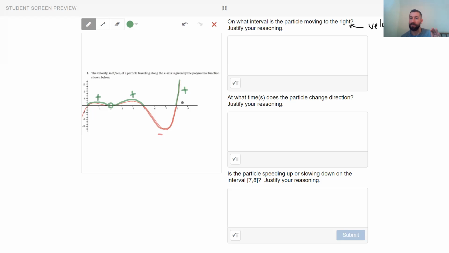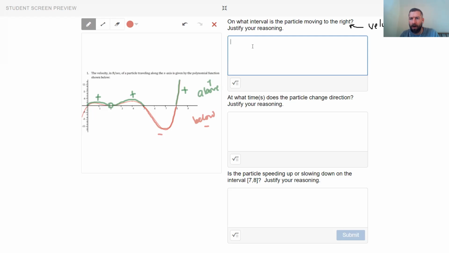Now we don't care if the graph is going up or going down. That does not matter. I'm really just looking not for the slope, but for the y values itself. So I'm really just looking above to tell me positive versus below to tell me negative. Right? Because all of those are negative y values versus positive y values. You're going to need both of these pieces of information today.